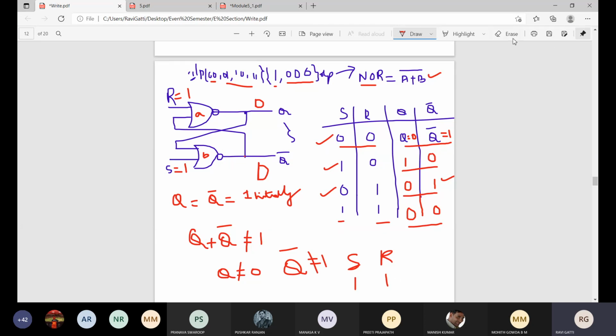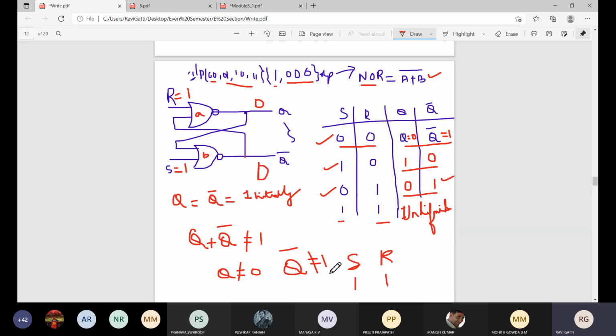So for this S and R combination, we will call it an undefined state. Why is it called an undefined state? Because Q is holding the value 0 and Q bar is also holding the value 0.